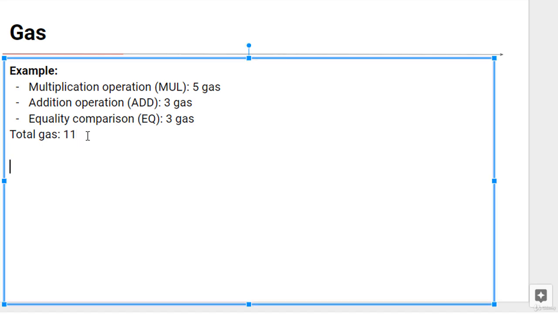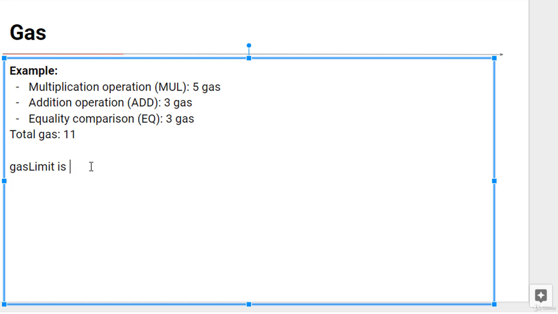And when I create and send the transaction, I say that the gas limit is 10. What happens? The transaction can't be mined because these operations cost more than 10 and I want to pay a maximum of 10 gas units. So this transaction will consume the gas and will fail.